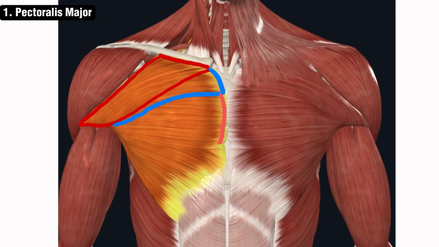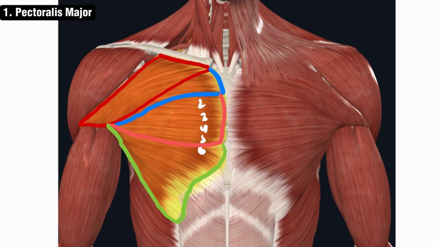Which costal cartilage? Second, third, fourth, fifth, and sixth costal cartilage, forming the sternocostal fibers. And finally, it has fibers arising from the aponeurosis of external oblique muscle called the aponeurotic fibers.